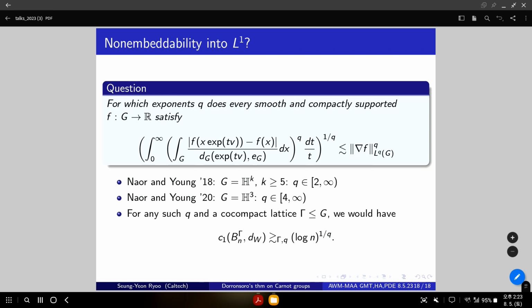And the question is, if we have the existence of any exponent q satisfying that inequality, we would be able to get an explicit lower bound on the distortion of balls of radius n. And that should be the end of my talk. Thank you.